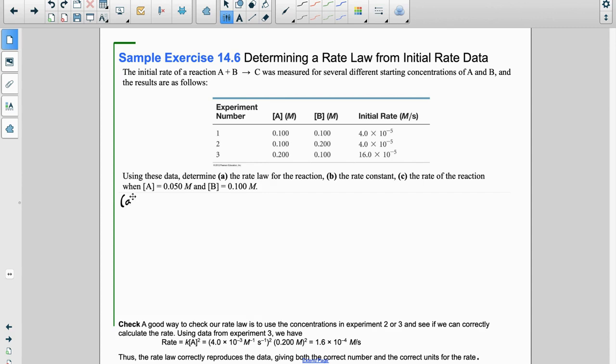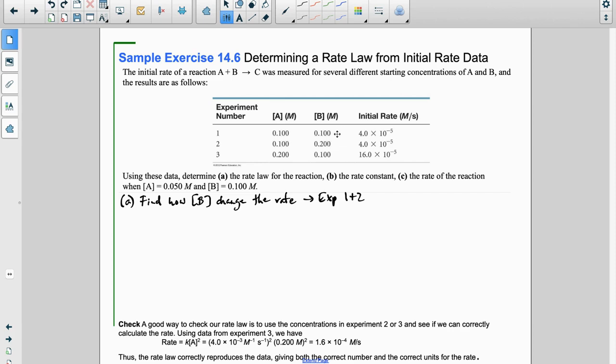So part A, we want to find the rate law for the reaction. So first we want to find how B changes the rate. I could start with A as well. It's not important which one you start with. And so here A is constant, so I'll look at experiments 1 and 2 to figure out how the rate changes when B changes.